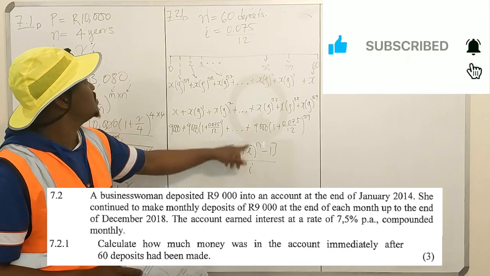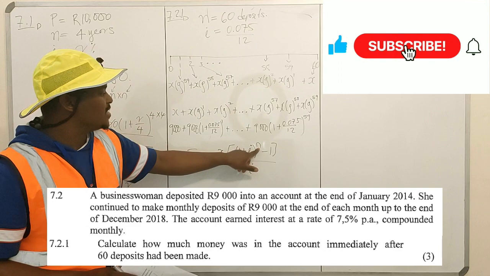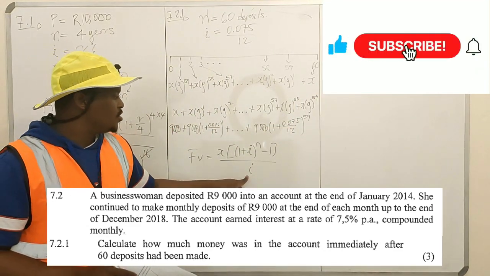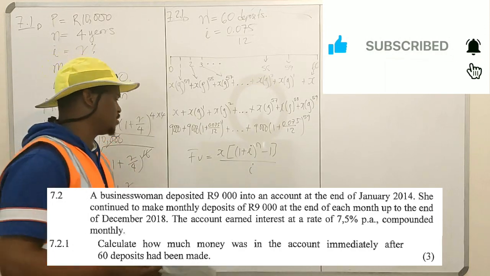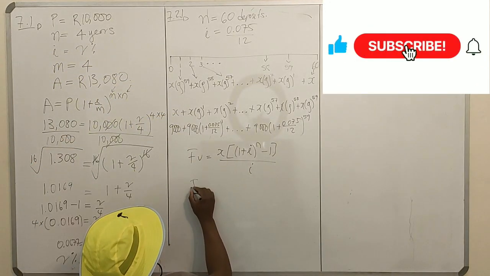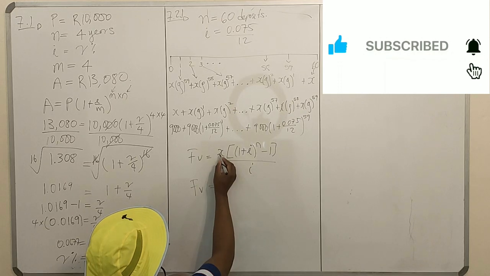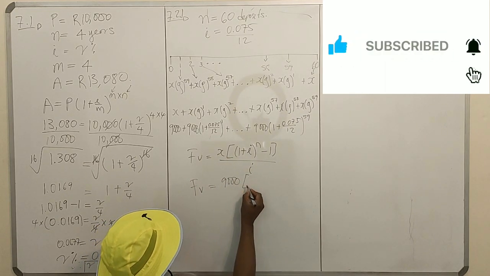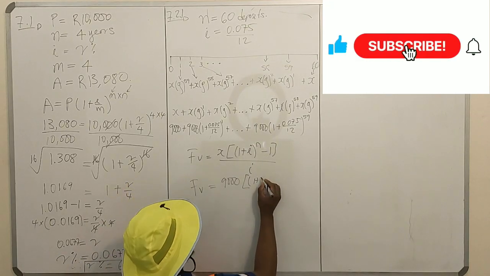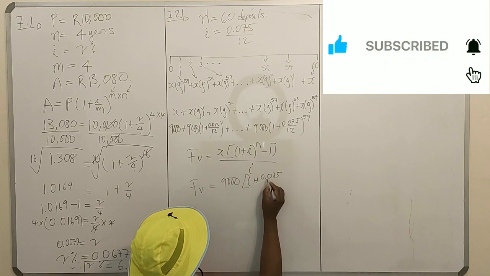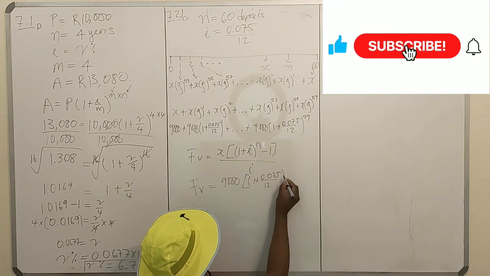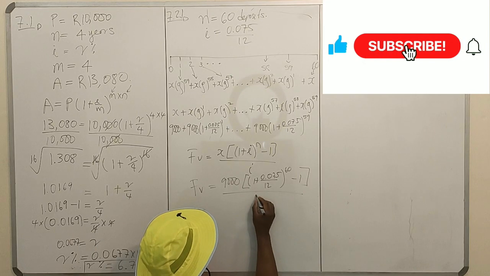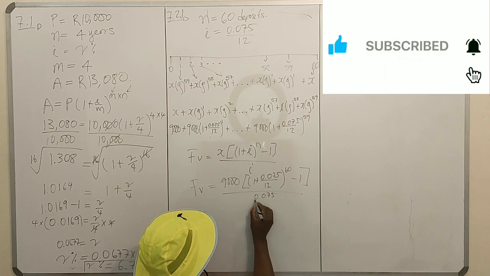Your i is your interest rate, which is that. Your n is the number of payments, which is 60 of them. So you can say, okay, future value annuity is equal to X, which is 9,000, into 1 plus 0.075 over 12 raised to 60 minus 1, all over 0.075 over 12.